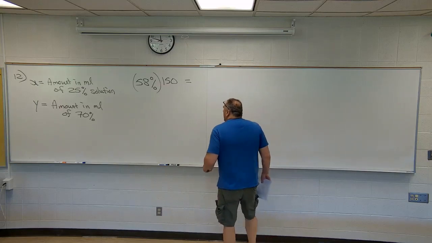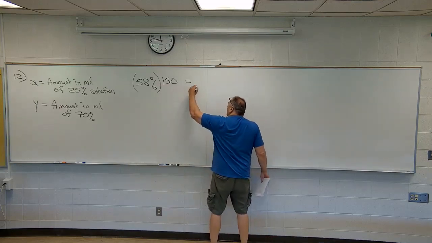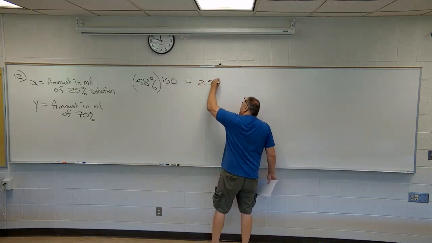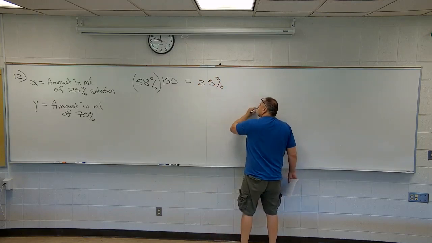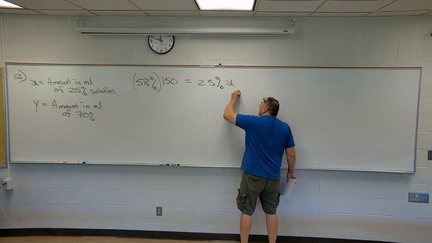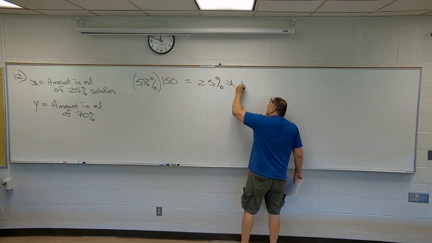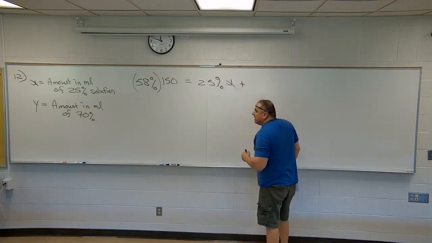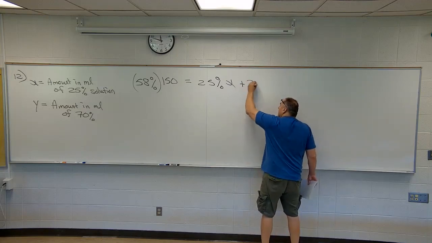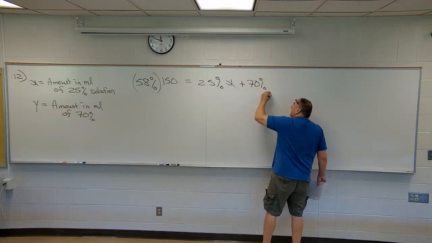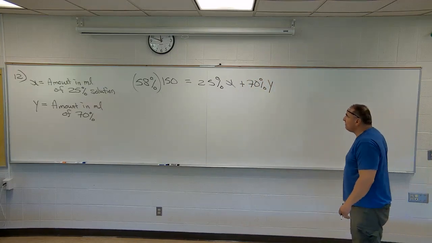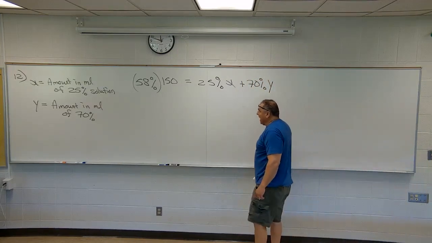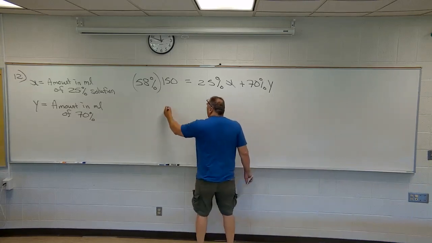Let's get that amount of pure substance A by going 25% of amount X plus 70% of amount Y. Another thing to remember: it's 150 milliliters total.